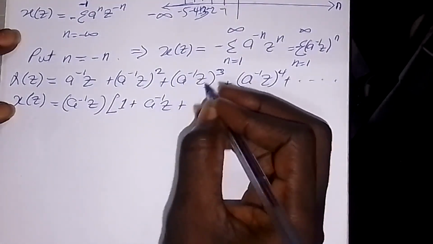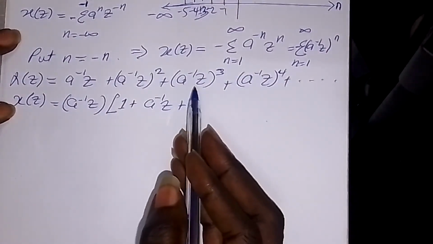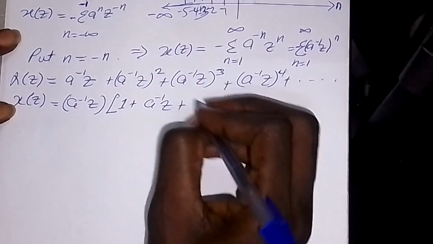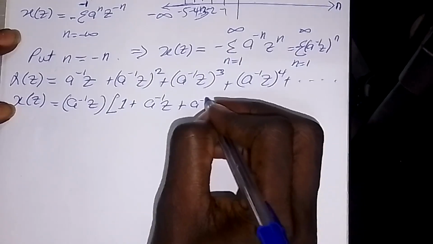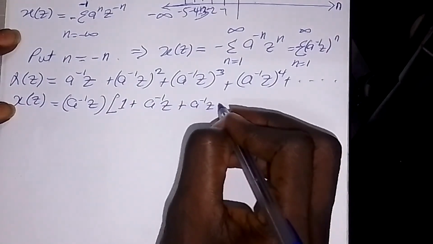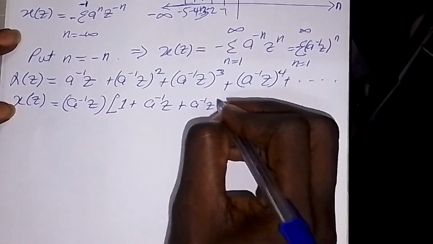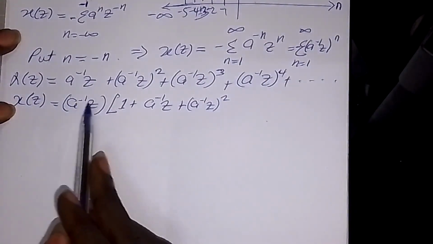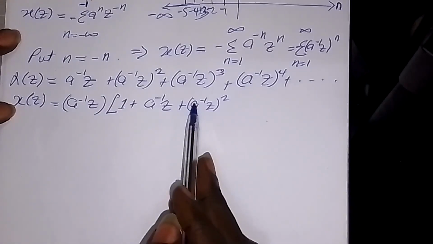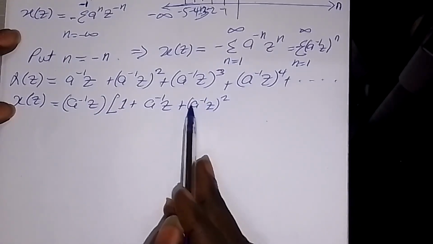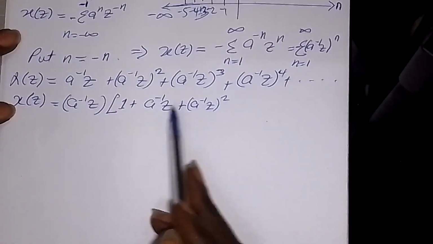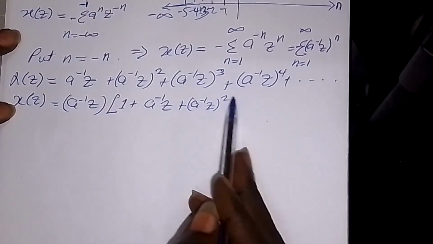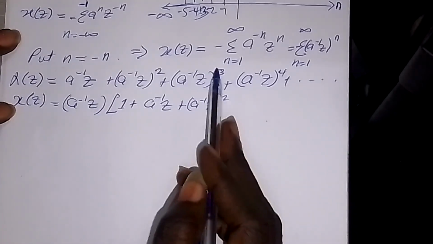Then you come here. What do you get here? Over here, what you're going to get is a exponent minus 1 into z, or squared. If you multiply a exponent minus 1 times a exponent minus 2, it will be a exponent minus 3.